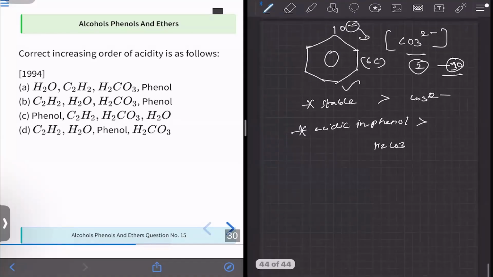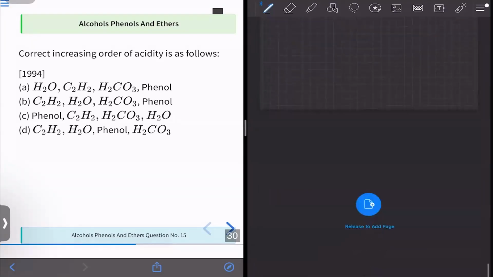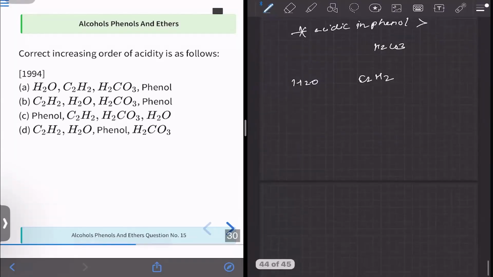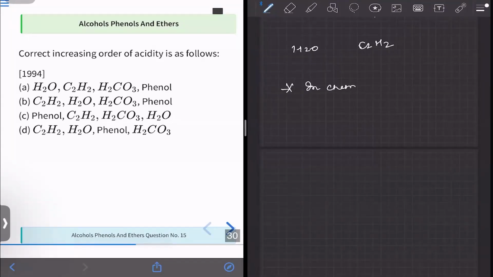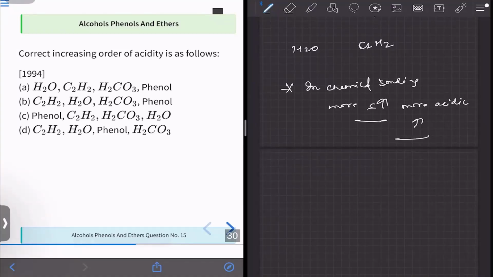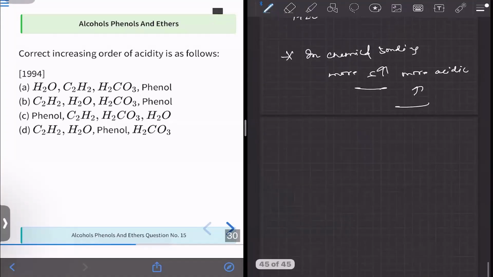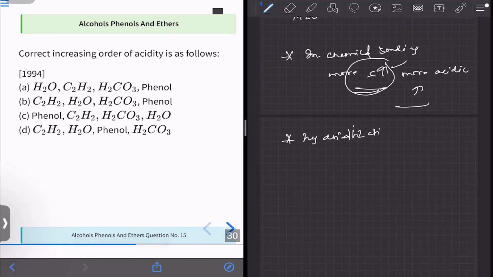Then how can H2O and C2H2 be compared? We all know that in chemical bonding, the more the S character, the more acidic the nature will be. To calculate S character we use hybridization.